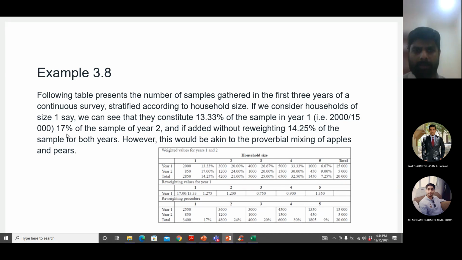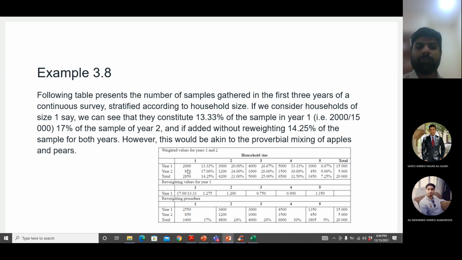Okay, not 17%, 13.33%. So in the first year, household size 1 was 13.33% of the data. In the second year, it is 17% of the data. In the first year, this household size was 13% of the data. In the second year, it became 17% of the data.